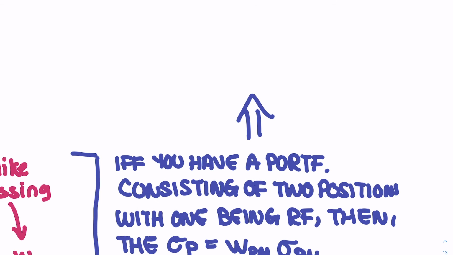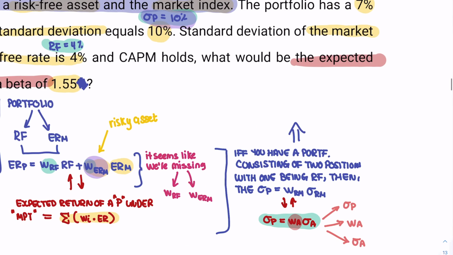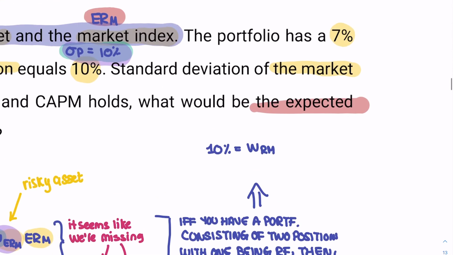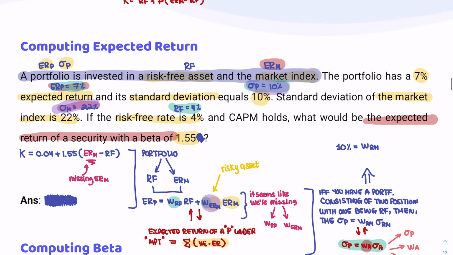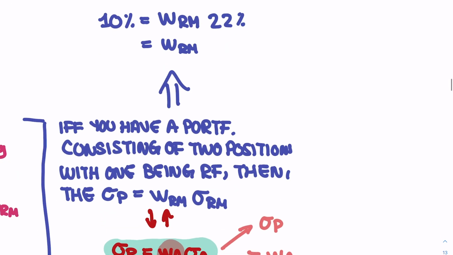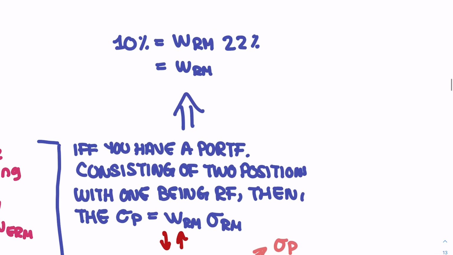But anyways, with that being said, we have the risk of our portfolio, which we said was 10%. So we have 10% equal to the weight in RM times σRM, the risk of our market index or market portfolio, which in this case is 22%, such that the weight in the market portfolio is equal to 10/22.